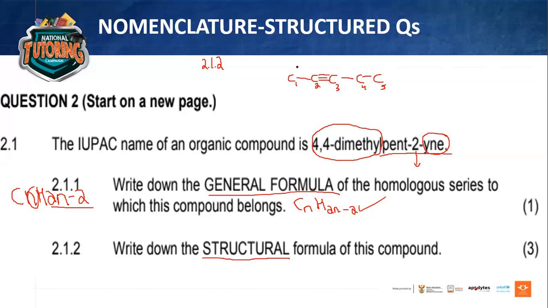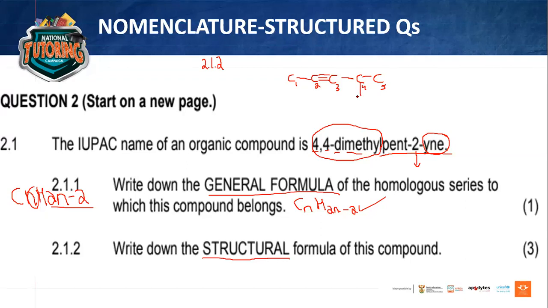So there I have a triple bond. So this is pent-2-yne. Now I go, my dear learners, and I include my substituent. So my substituent is methyl, but the di tells me that it's 2 methyl substituents. And these numbers here are telling me that the methyl substituents are on carbon number 4. So I'll go on carbon number 4.